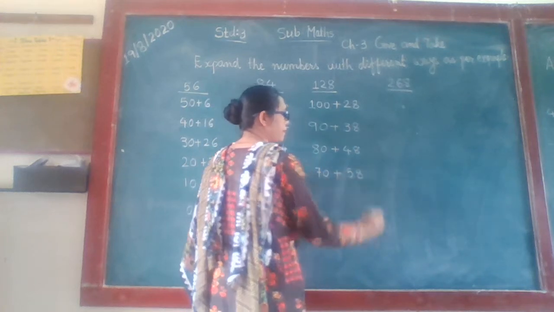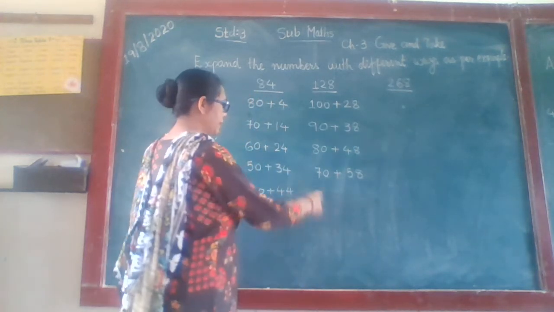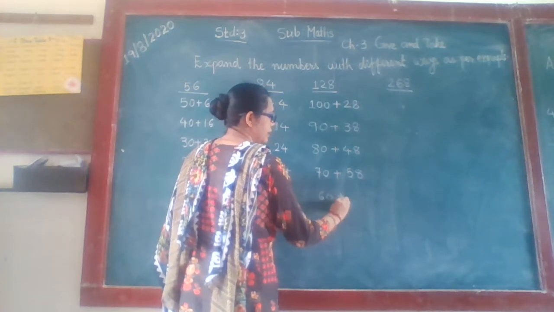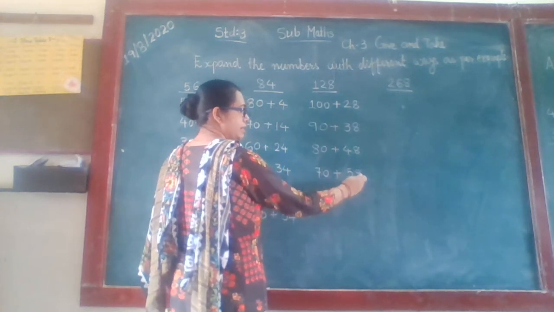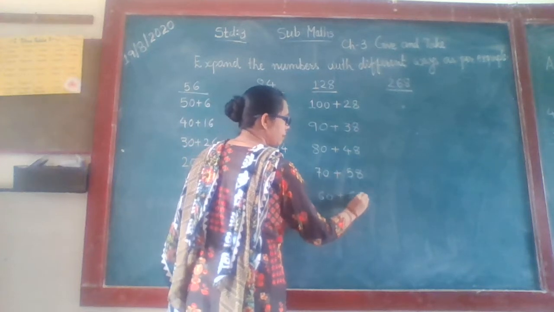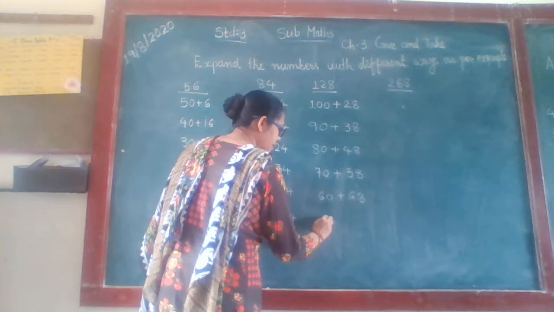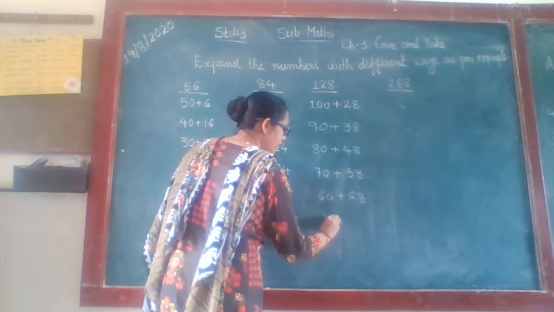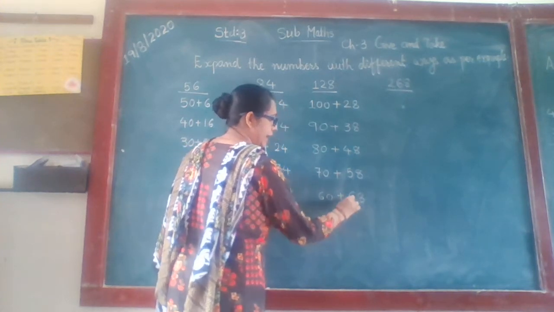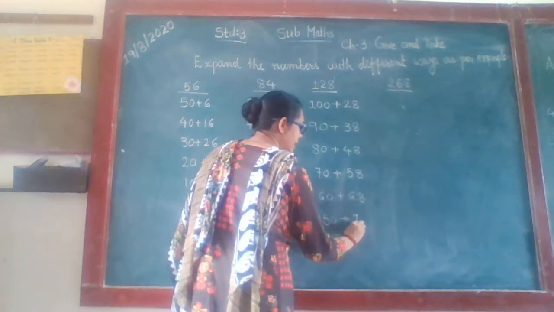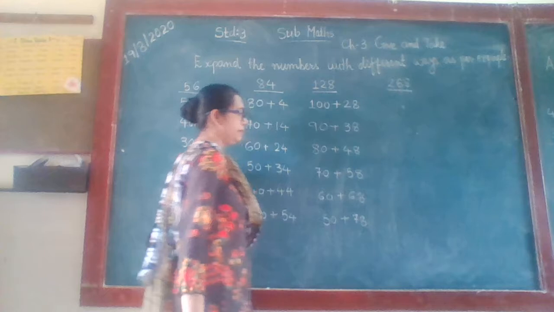So we get 58. Then 70 minus 10, 60. Here add 1 in the tens place. The ones digit remains the same. So it becomes 68. Then again subtract 10 from 60, we get 50, and add 10 to 68, so we get 78.